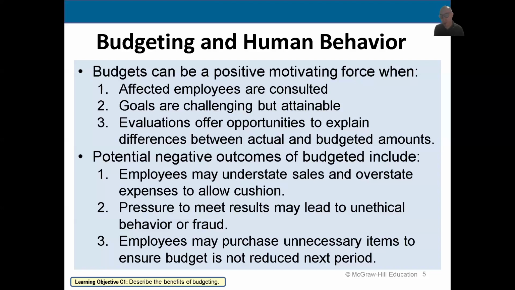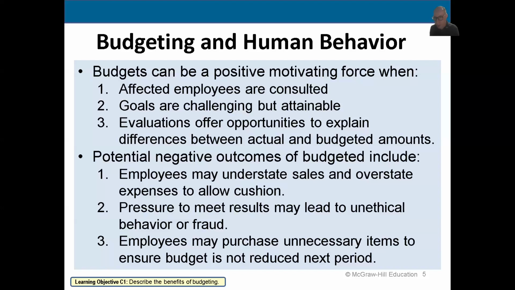Sometimes an employee might understate their sales and overstate their expenses to provide for a cushion. We call this padding the budget. When you pad a budget, you're setting unrealistic goals for expenses and less than mediocre sales goals.